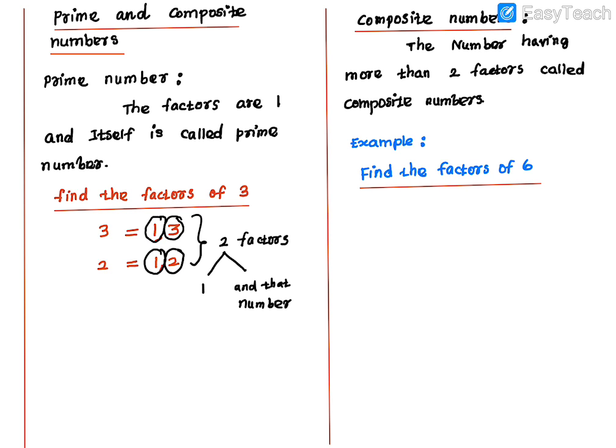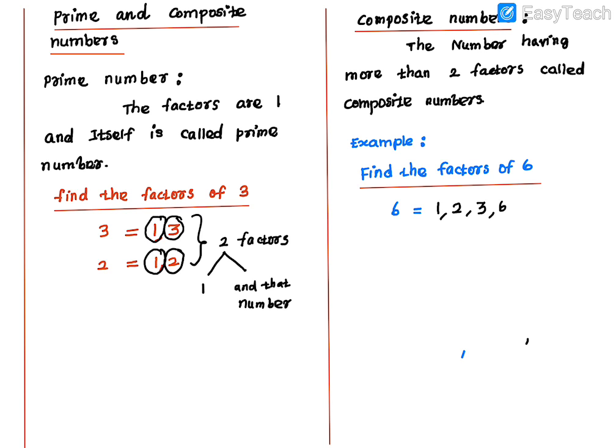So 6 is equal to... how many factors will come? First table, completely it will divide, right? 1 six are 6, so remainder 0. The second table completely divides, and the third table also divides. What about the fourth table? The fourth table will not divide. The fifth table, no, there is no way. The sixth is the given number, which will completely divide, and again the same number.